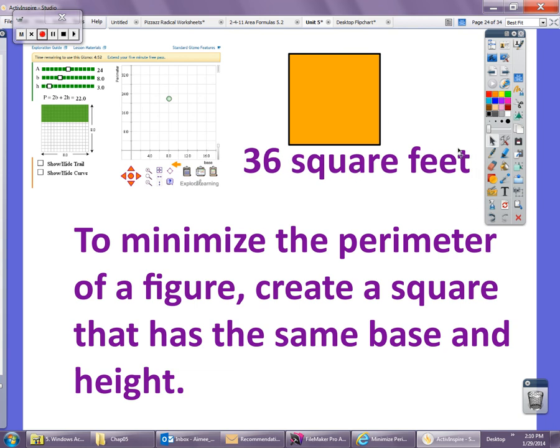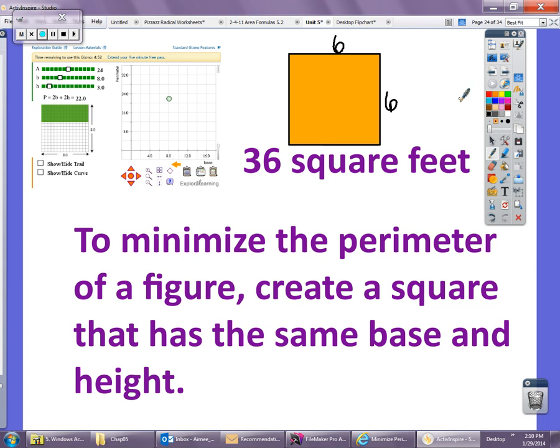What's going to be each side of my square if I want to have the least amount of fencing for my area that I want? It's going to be a square. So a 6 and a 6, square root of 36 basically, is going to give me the smallest amount of perimeter for a set area of 36 square feet.